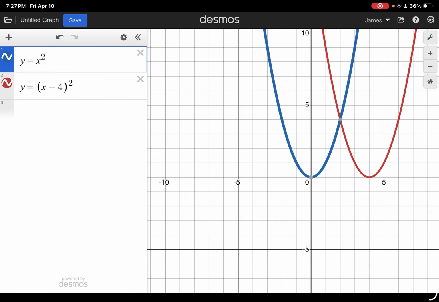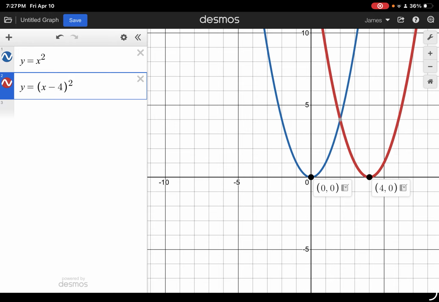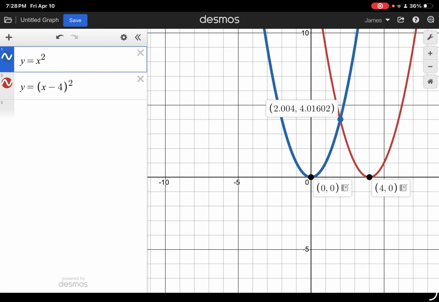The vertex of the original is 0, 0. The vertex of the red is 4, 0. So it moves it to the right 4 units. And if you look, you can see that if you go over 1, up 1, over 2, up 4, over 3, you go up 9. And it's the same thing here.